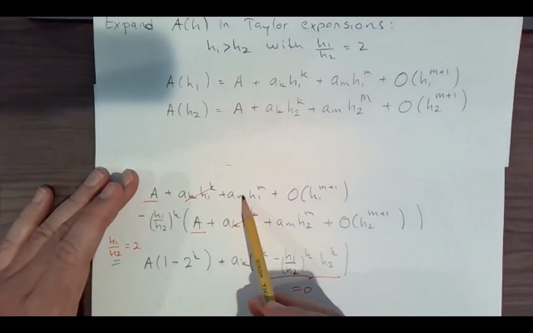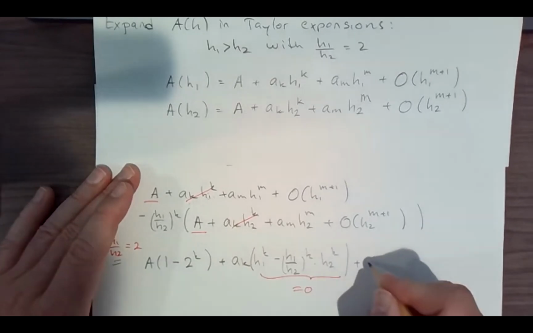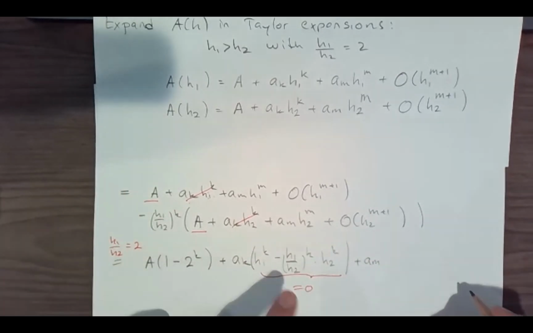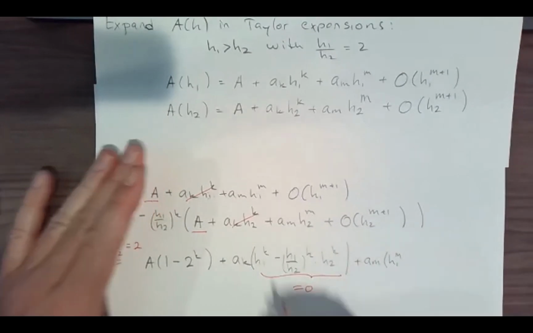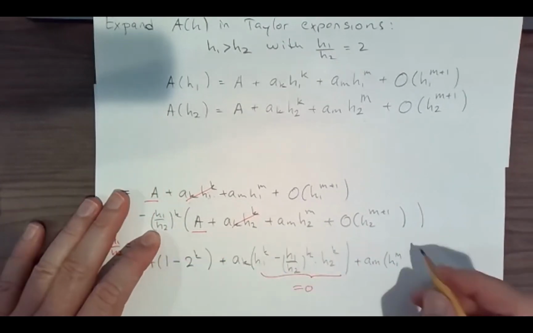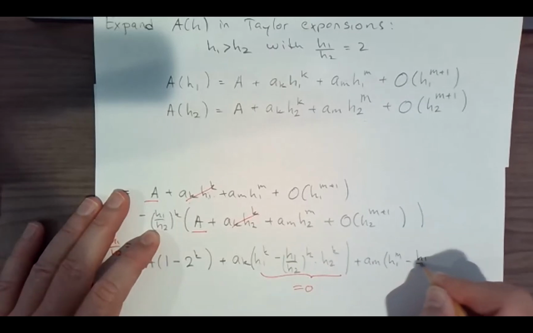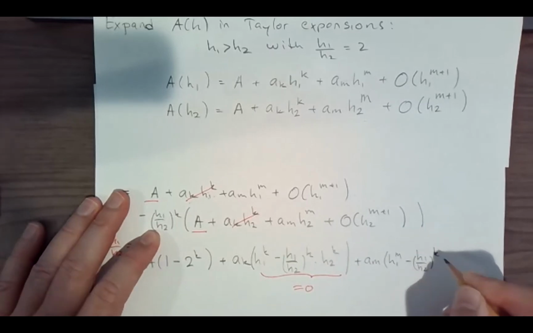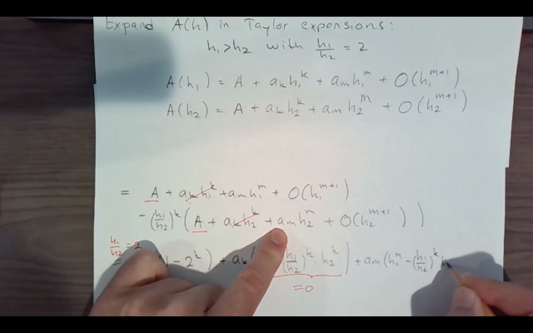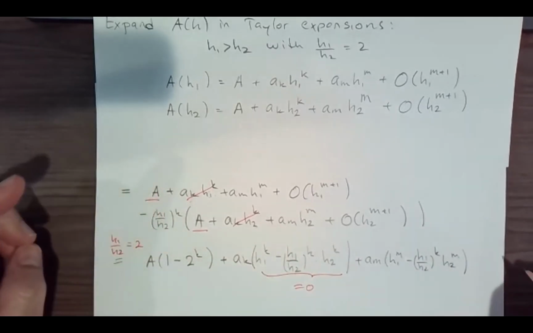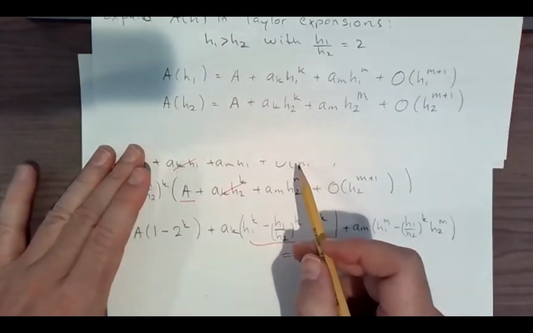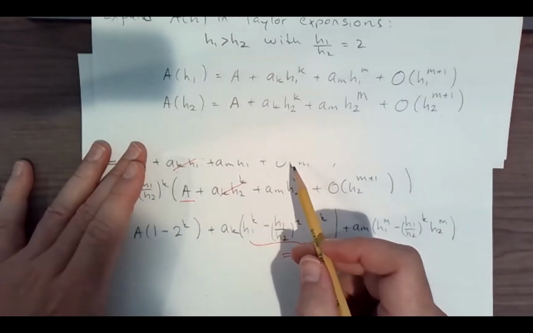And then we move on, we have AM, and then I'll have H1 to the power M. I'll have that ratio minus H1 over H2 to the power K, H2 to the power M. Plus, and then the higher order error terms.